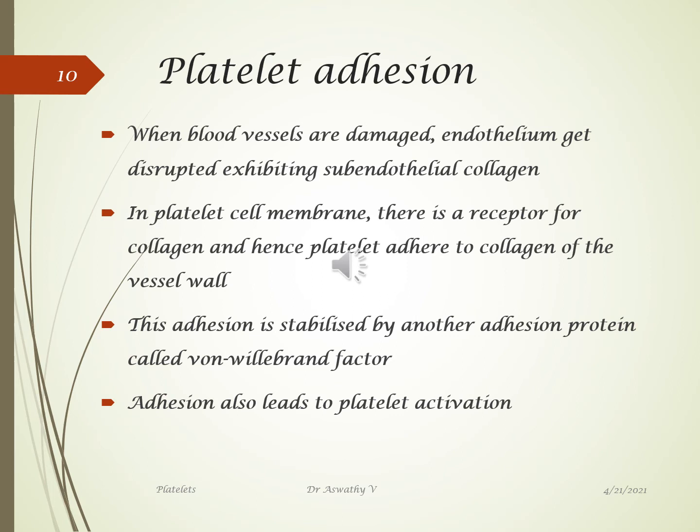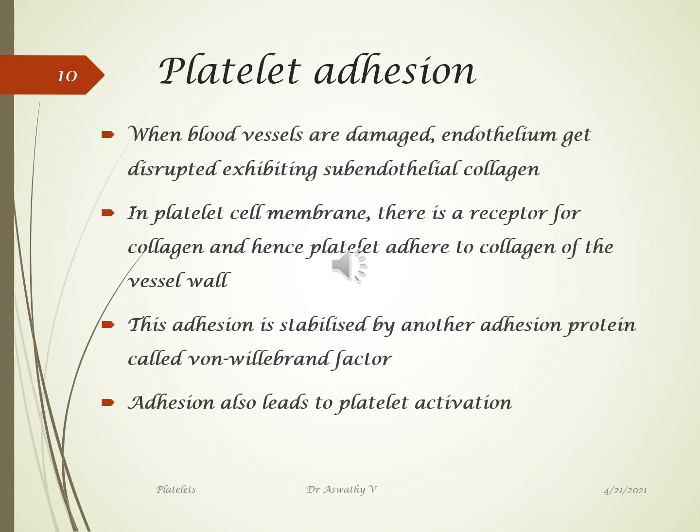So the platelets will get attracted to the collagen fibers and adhere to them. There is another protein called von Willebrand factor, also an adhesive protein, that helps in adhesion of platelets to the collagen fibers. And this will give rise to platelet activation.